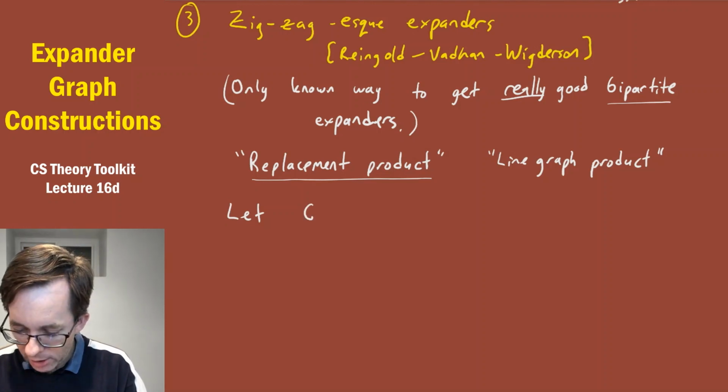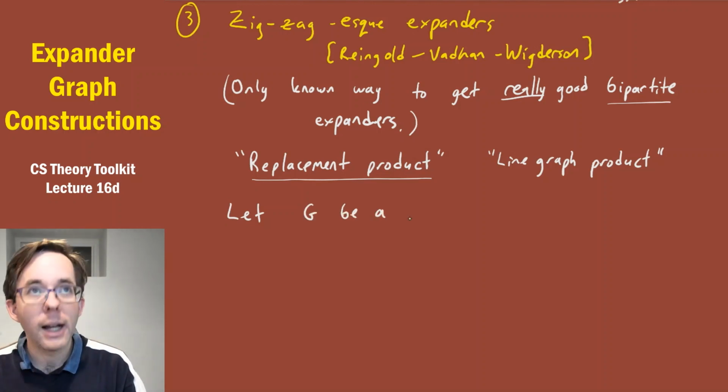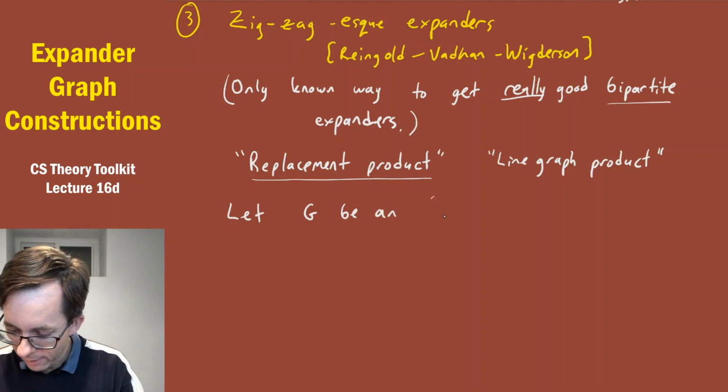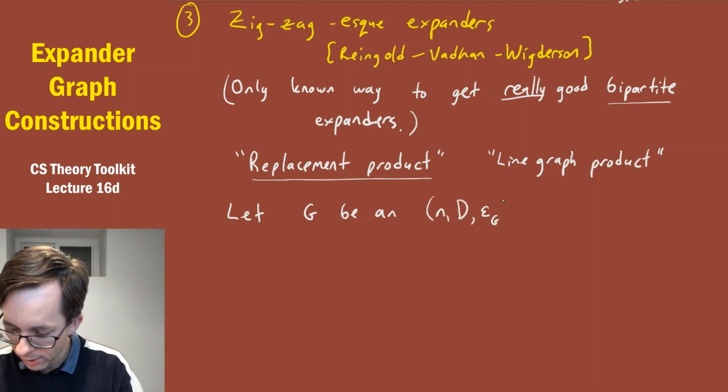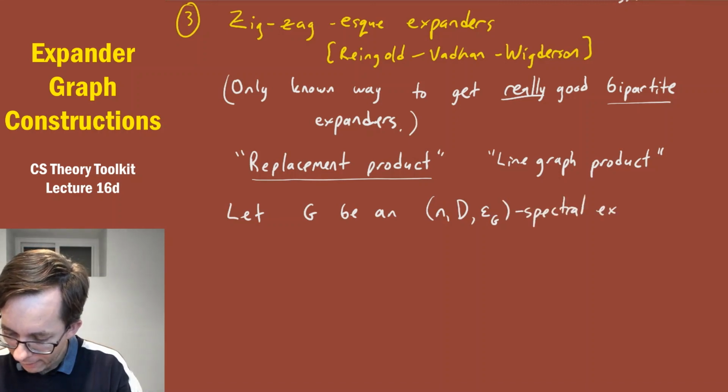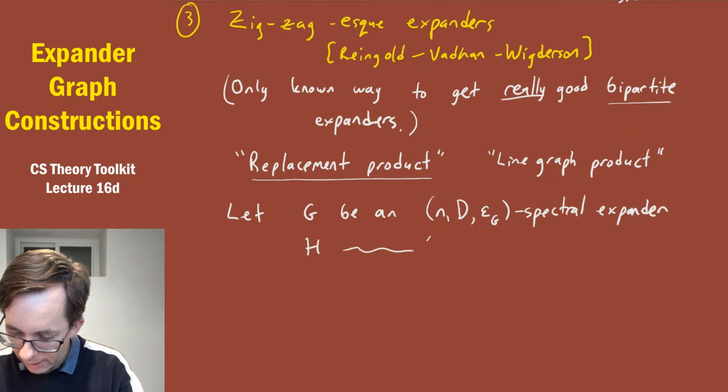Let G be an (n, D, epsilon sub G) spectral expander. And let H be a (D, d, epsilon sub H) spectral expander.